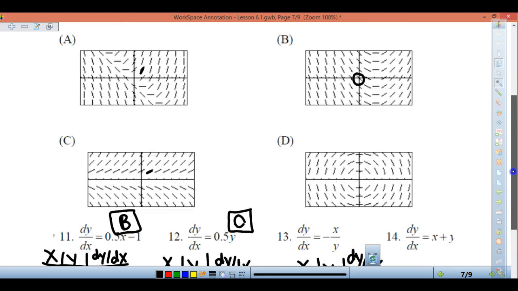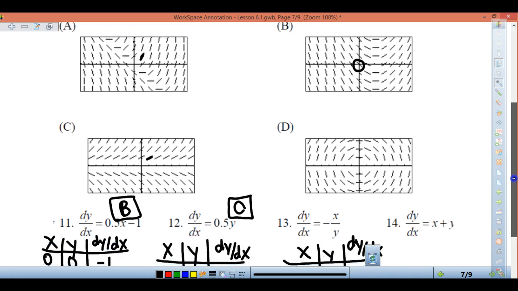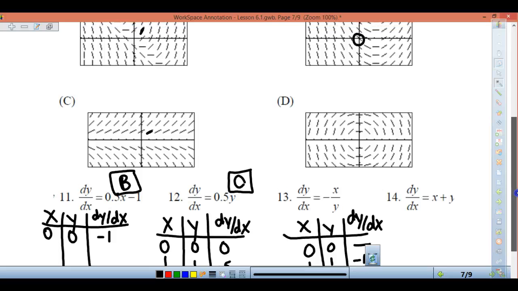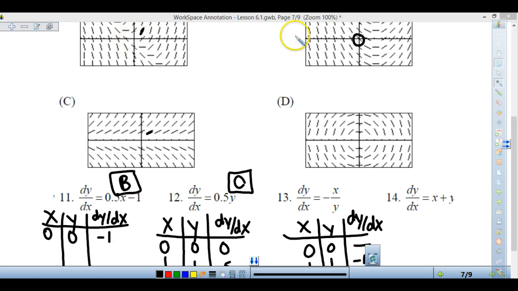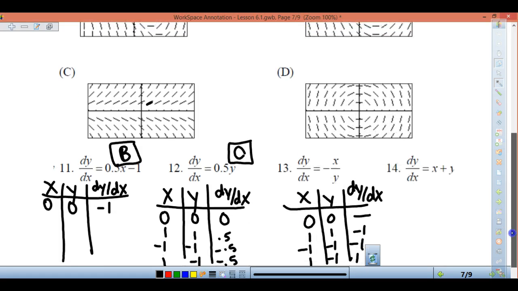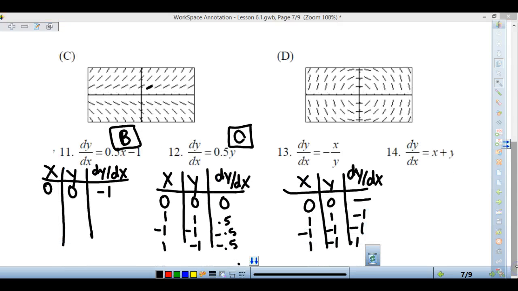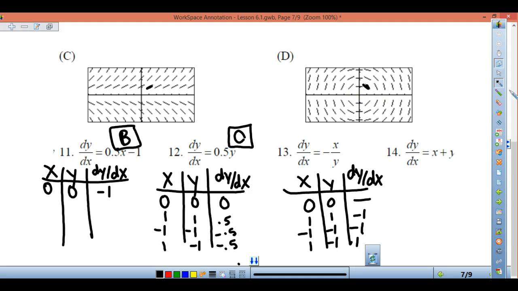So if I go up to A, at 0, 0 there is no slope, so it's hard for me to tell what's going on right there. But at 1, 1, the slope is supposed to be -1. So 1, 1, oh, that has a positive slope, so that's not going to work. Let's look at this one. At 1, 1, this does have a negative slope, so that seems reasonable.